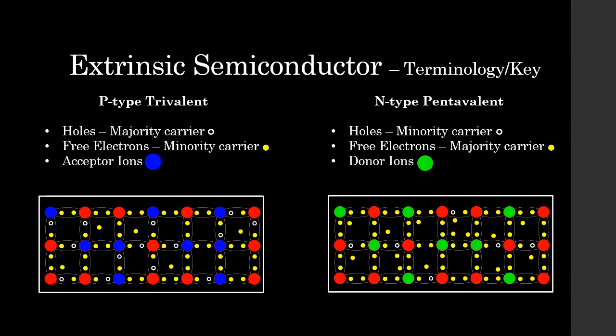This is an important slide, students, because it takes you through the terminology and the key that I'll be using moving forward in my lectures to explain p-type and n-type semiconductors. So starting off with the p-type trivalent semiconductor, our holes are known as the majority carrier. But why? Well, students, that's because if we look at this, there are majority holes compared to free electrons in the crystal lattice.